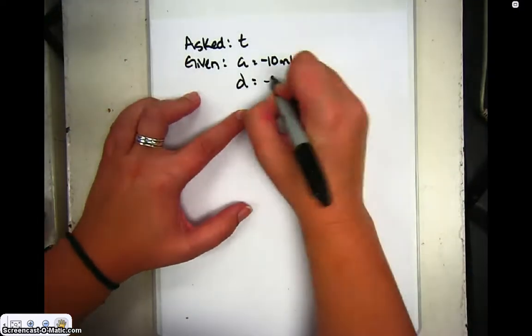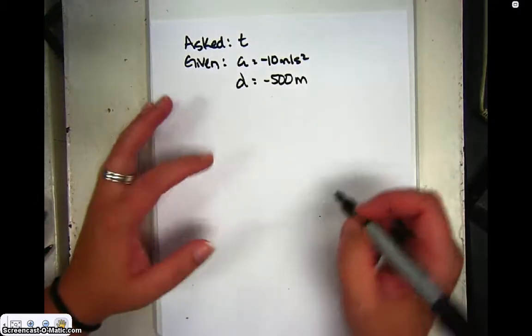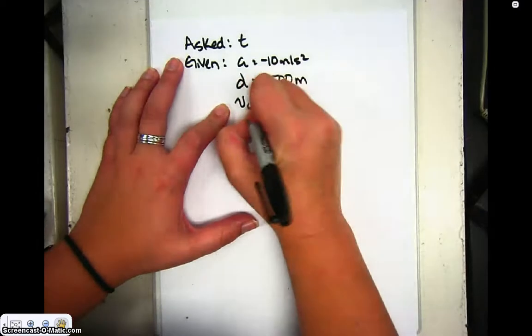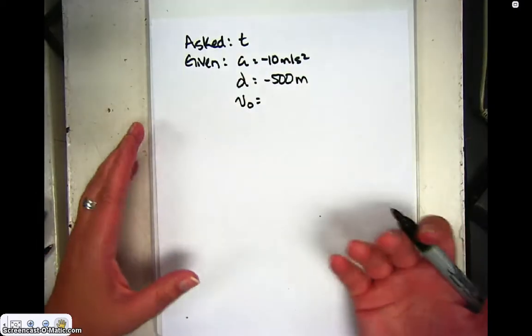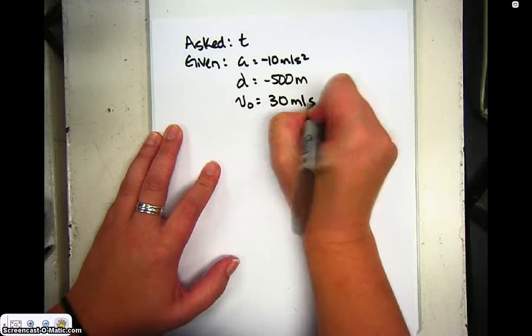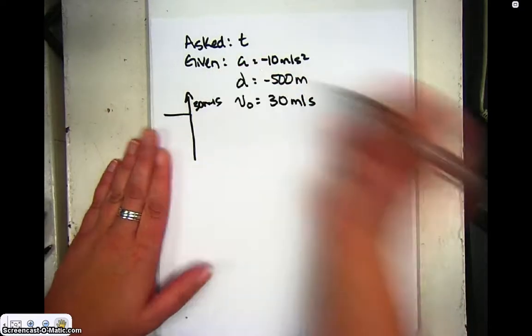So we're still going to have a displacement of negative 500 meters. Okay, and then what else do we know? Oh, we remember that the initial velocity, I'll use the same as we had from the last example, was 30 meters per second. Remember when we were throwing it up off the cliff at 30 meters per second.